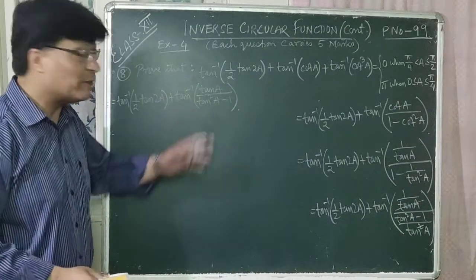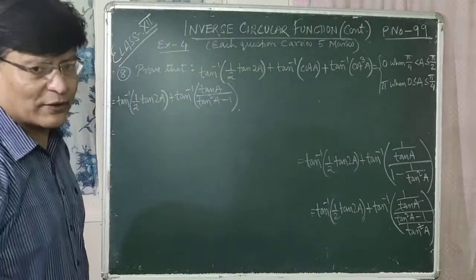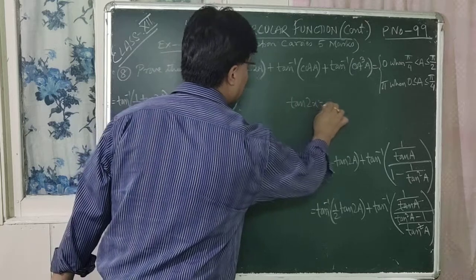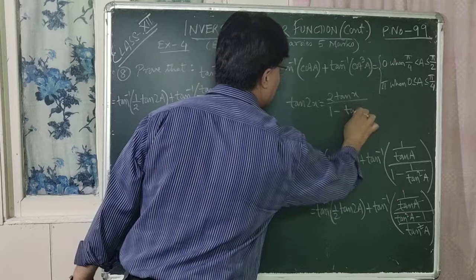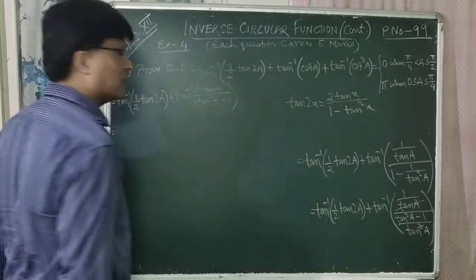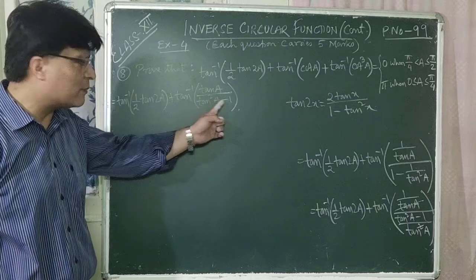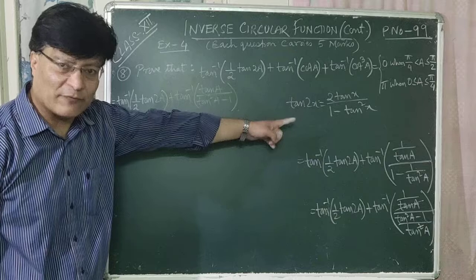Now how can you simplify this second term again? You know a formula, that is tan 2x. What is tan 2x? 2 tan x divided by 1 minus tan square x, isn't it? So instead of x there is a, but you should write it in the form 1 minus tan square a first, because there is 1 minus tan square x in the formula.